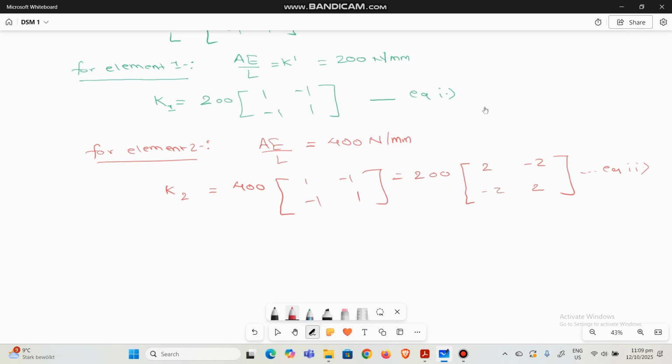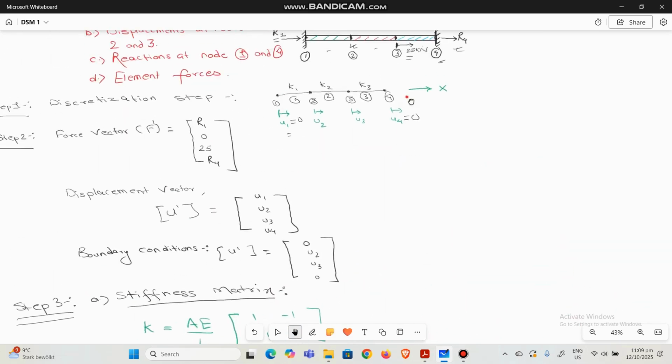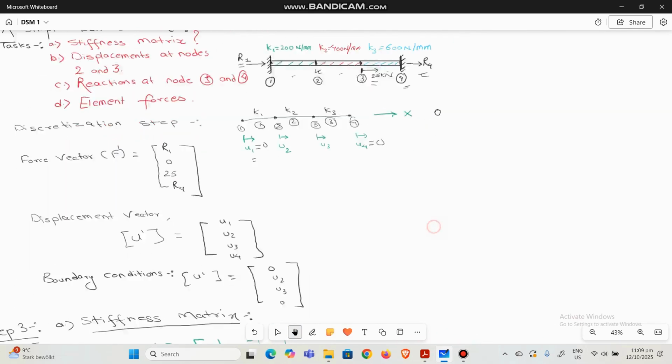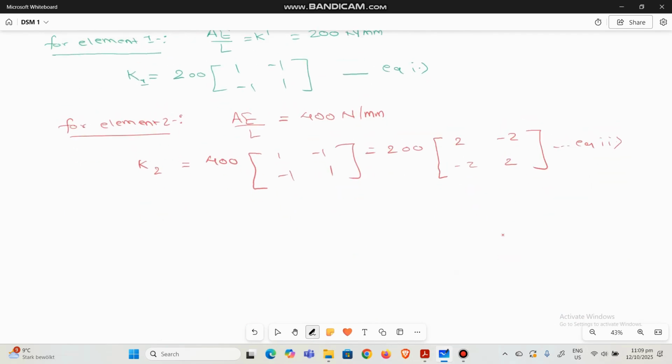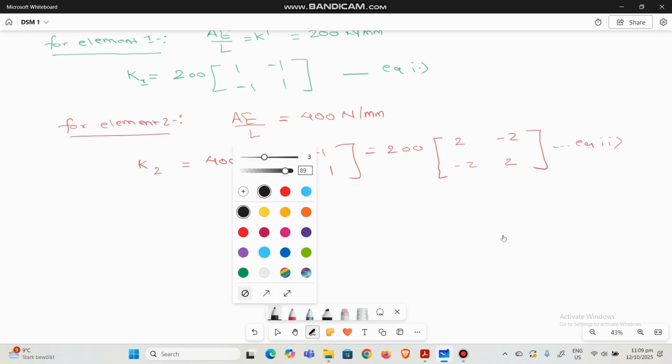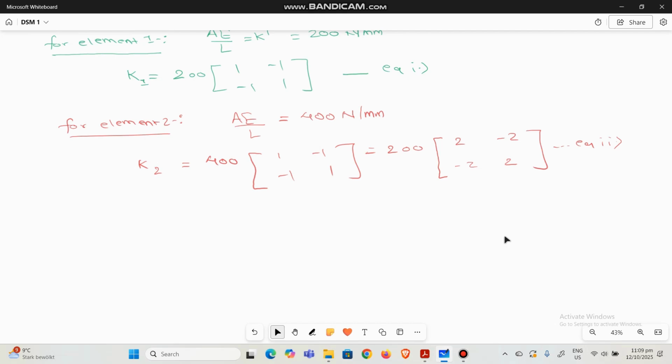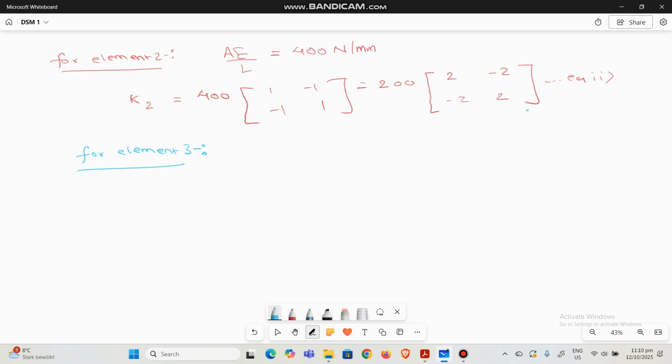For element 3 now, we have given green color, I guess. No, sorry, it's blue. So it's 600 Newton per mm. Now for element 3 we have been given the value of AE upon L as 600.